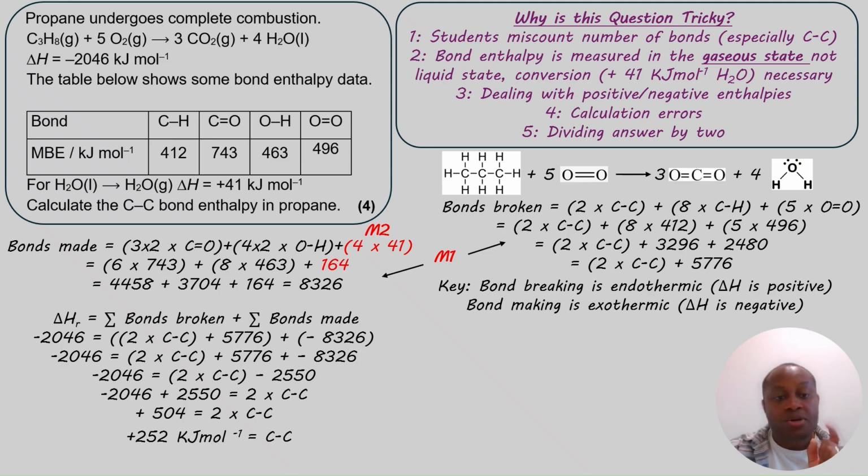So if you show 4 times 41 at any point, you will get M2. Next, for M3, once we have calculated positive 504 as being equal to 2 times the enthalpy change of the carbon-carbon single bond, that will be M3, and then M4 is obtained when you divide by 2.